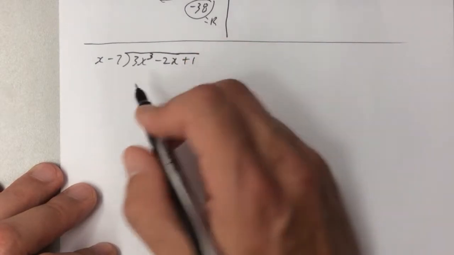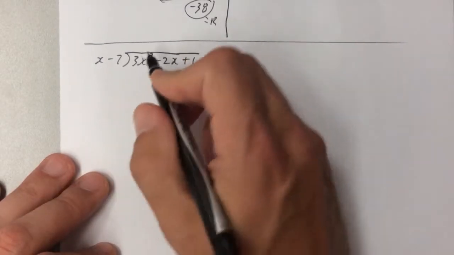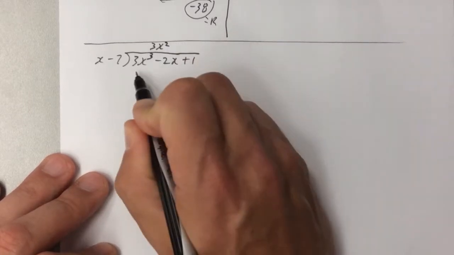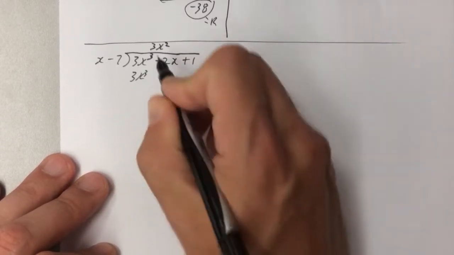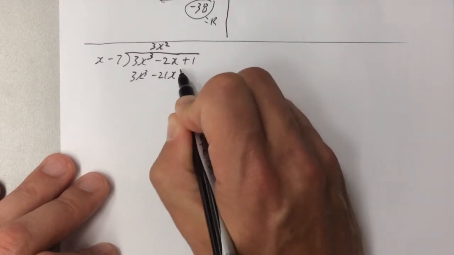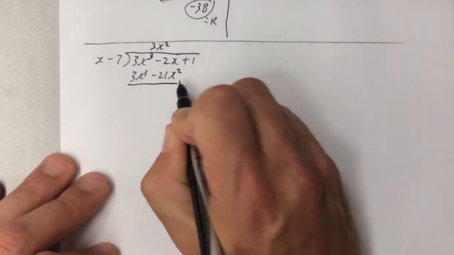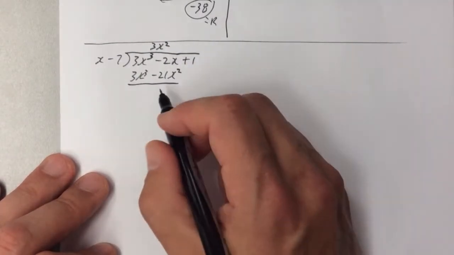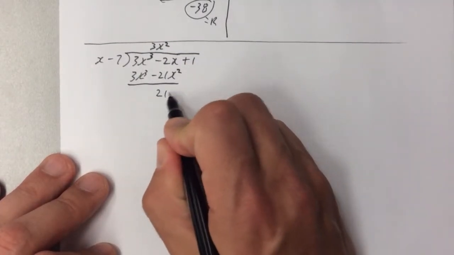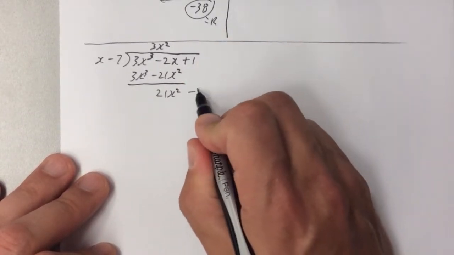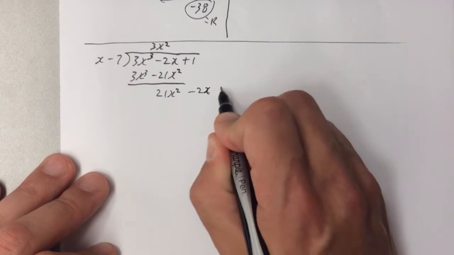So now I'm going to do it. So we're going to multiply by 3x squared first. 3x cubed minus 21x squared. Okay. Now you subtract. Notice there's no x squared term in here. So I'm going to get positive 21x squared minus 2x plus 1.